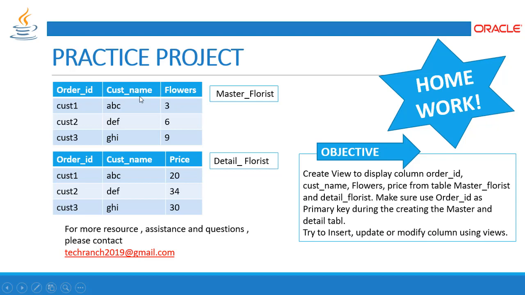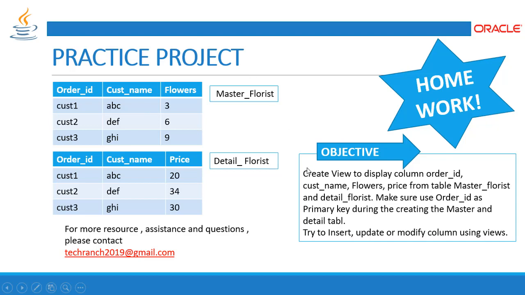Order ID and customer name are varchar type and flowers is a number type. Detail florist has order ID, customer name and price. Order ID and customer name are primary keys. They are unique and not null, they have constraints so that we can create an updatable view and perform some data manipulation. And price is a number type.